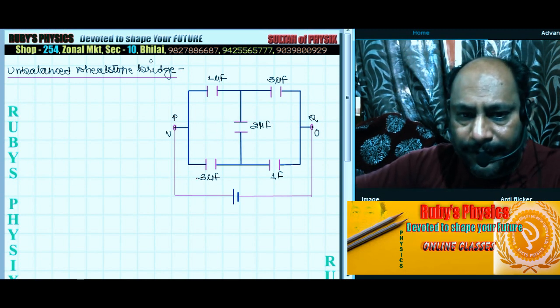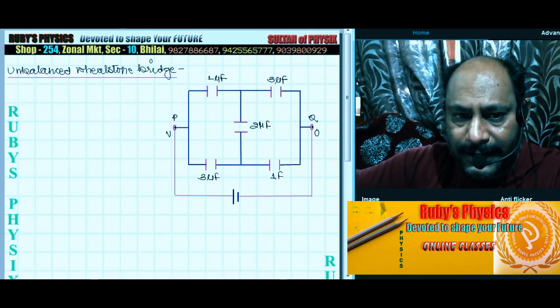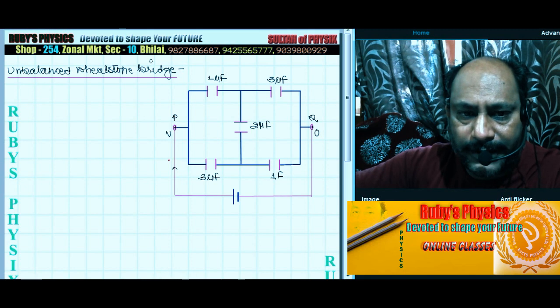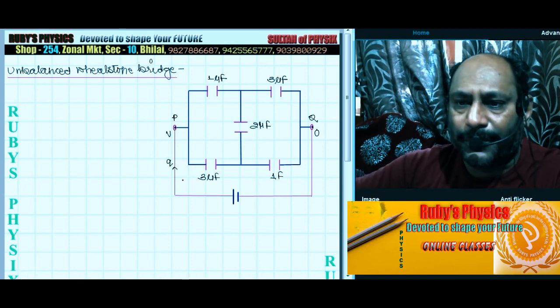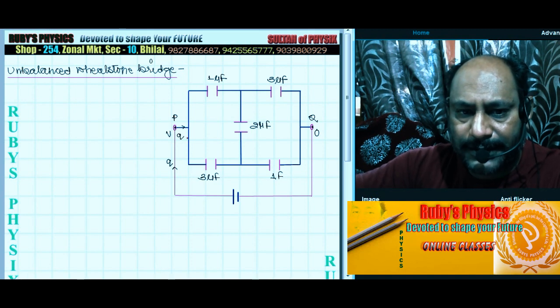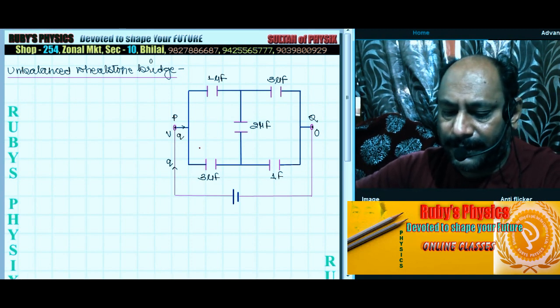Clear? Now we know that if a cell is connected to a combination of capacitors, it provides a charge Q. So here the charge is Q. Is that clear?